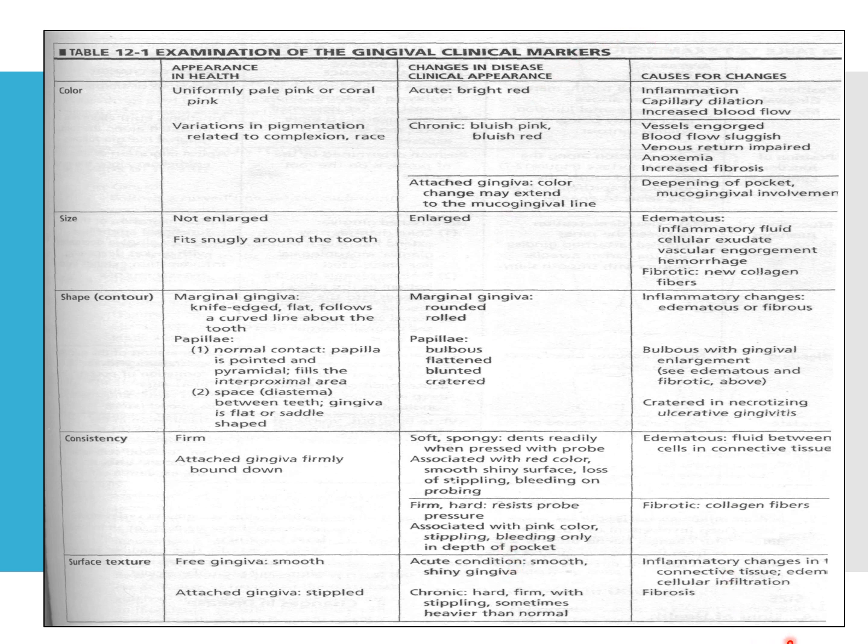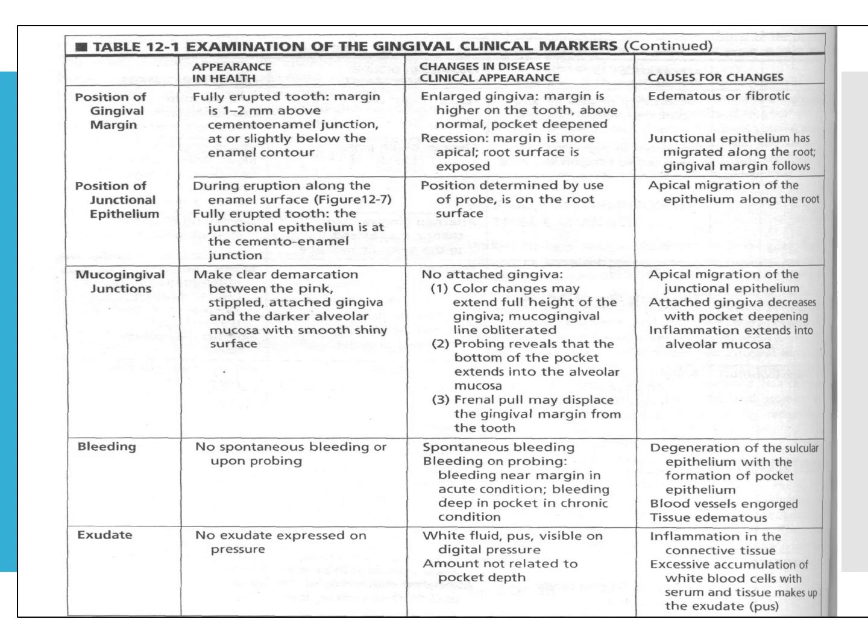You can go through it in detail. It is a continuation: there will be changes in position of the gingival margin, position of the junctional epithelium, mucogingival junction, bleeding and exudate. You can go through it in detail, the causes for the changes, the clinical appearances, and the appearance in health.